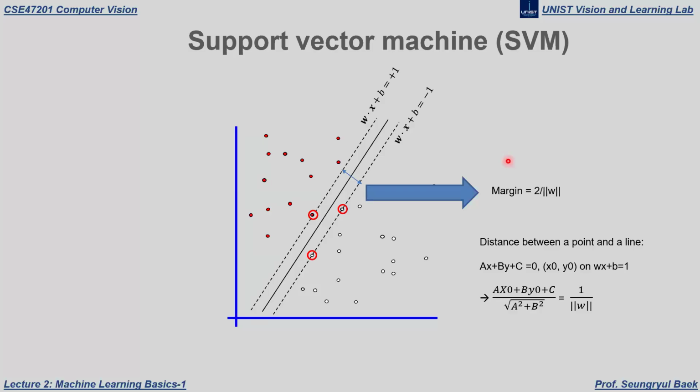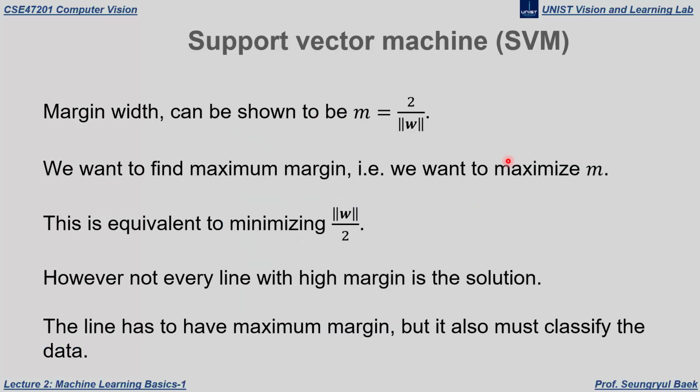Our objective is to find the straight line that can maximize this margin, which is 2 over the norm of W. And that is actually equivalent to minimizing its inverse. Okay.